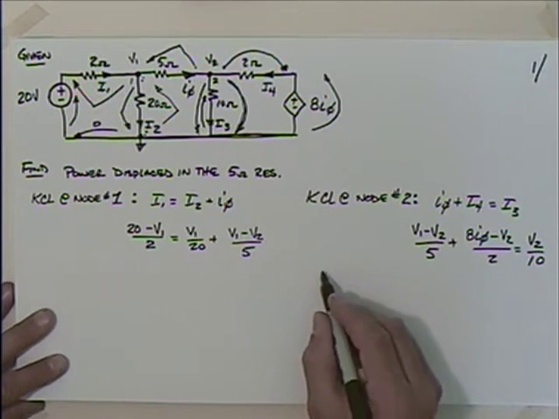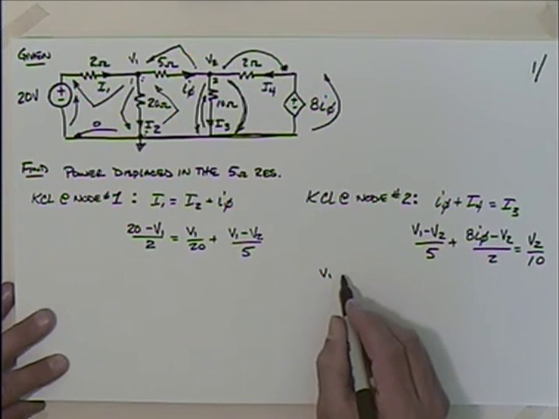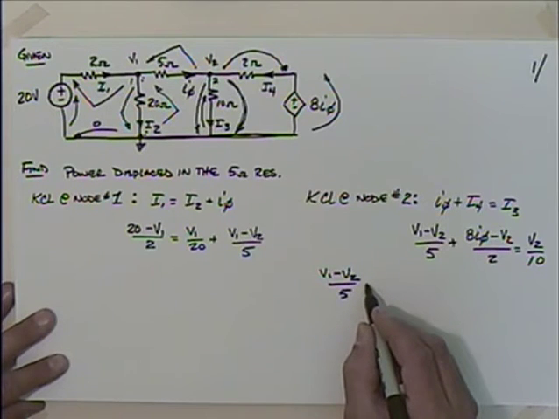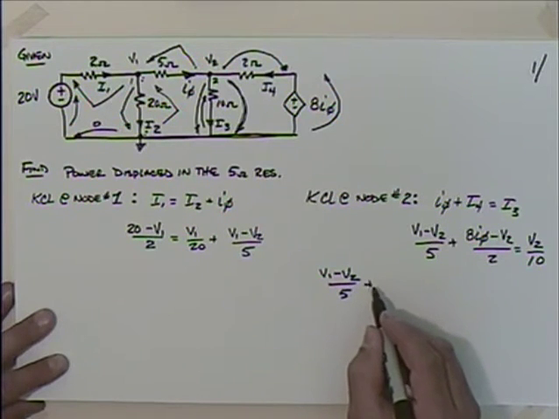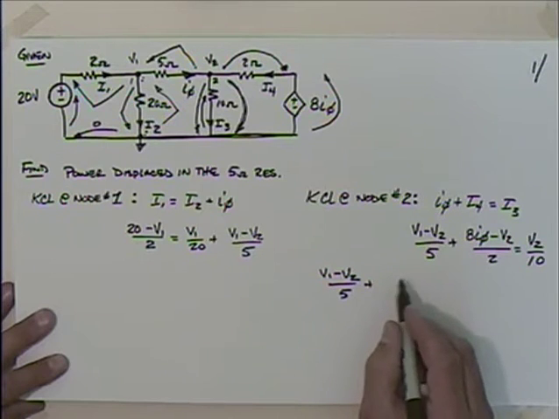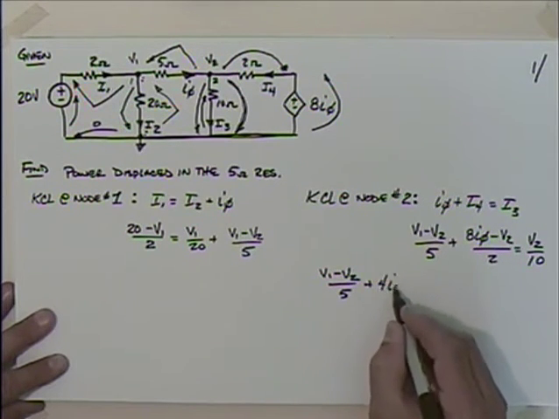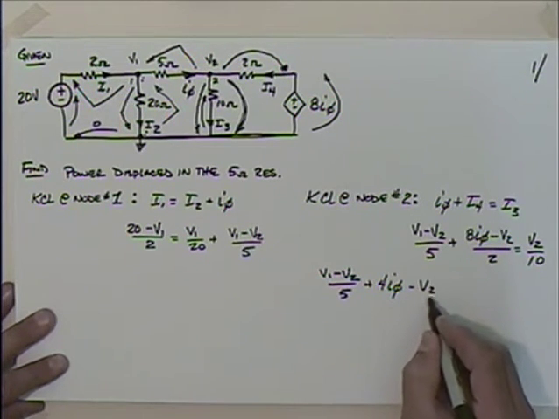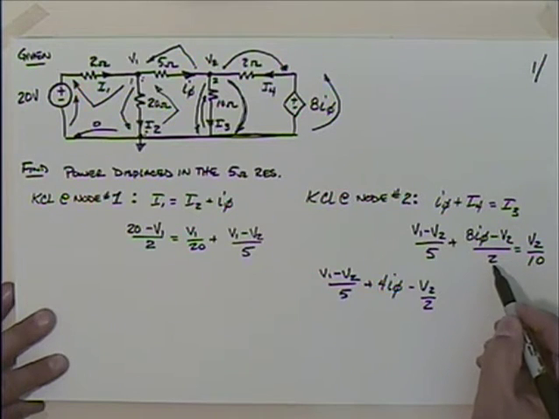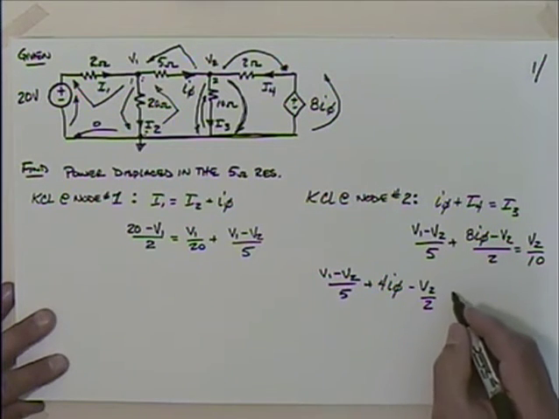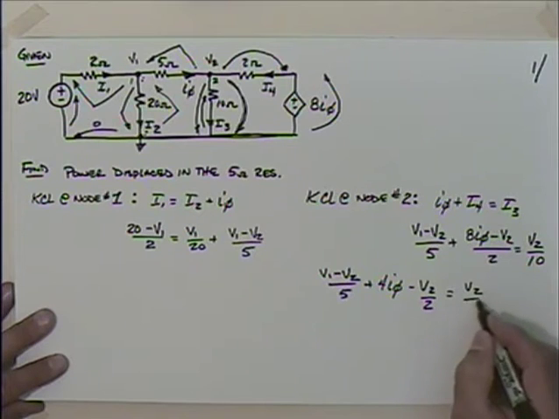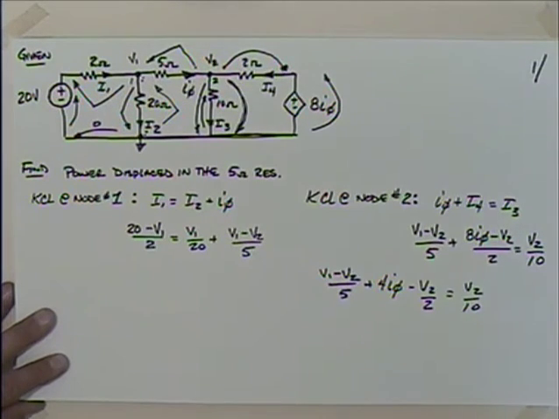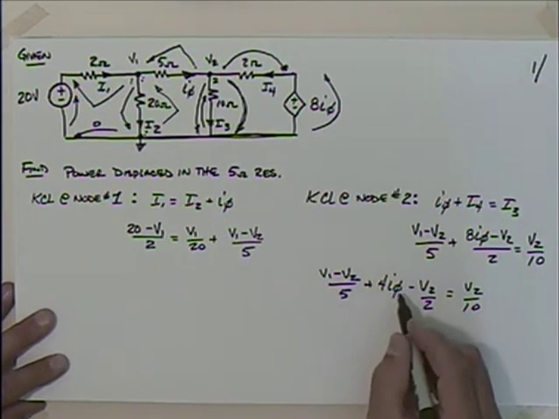I could say that I have V1 minus V2 over 5 plus 8 over 2 would give me 4 I phi minus V2 over 2, I'll do that right, yep, is equal to V2 over 10. So I can make the substitution for I phi.